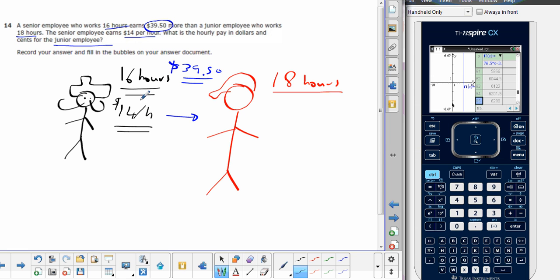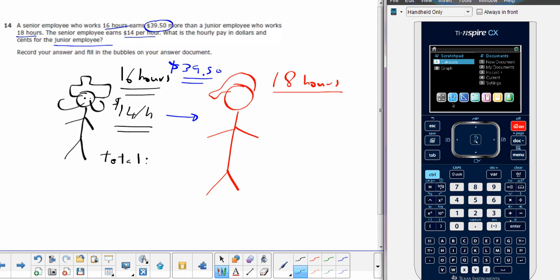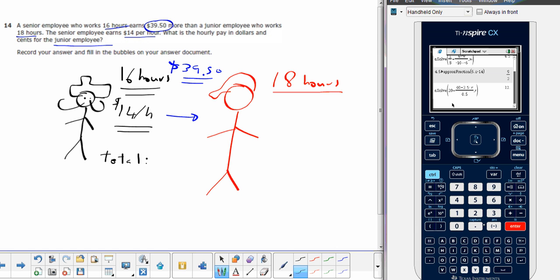So we're gonna do basic math. If he does 16 hours at $14 per hour, how much money does he make in total? Let's see. You're gonna use your calculator. You do 16 times 14.